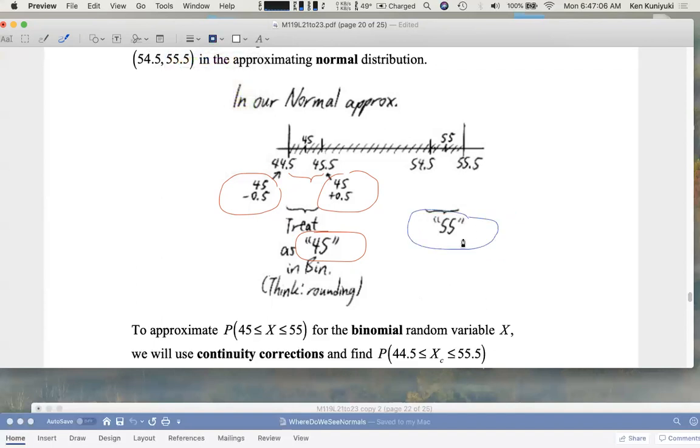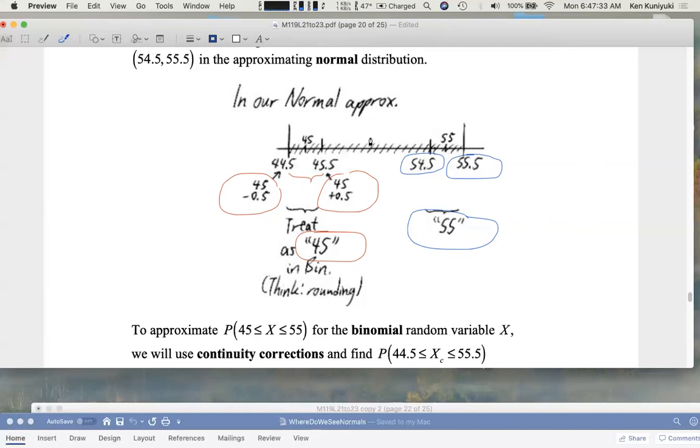What real numbers round off to 55? The real numbers from 54.5 to 55.5. Now, I realize that technically 55.5 rounds up to 56, but that's the best we can do. Bottom line, this block of real numbers in here will round off to 55, just as this block of real numbers over here will round off to 45.